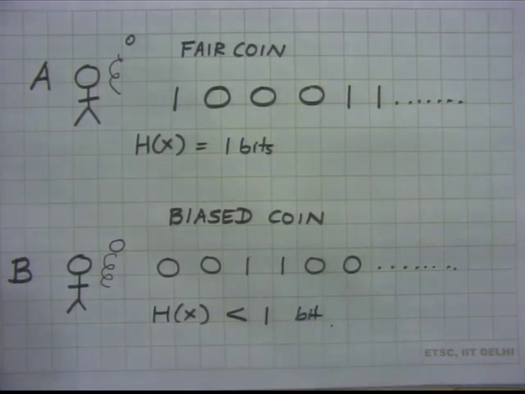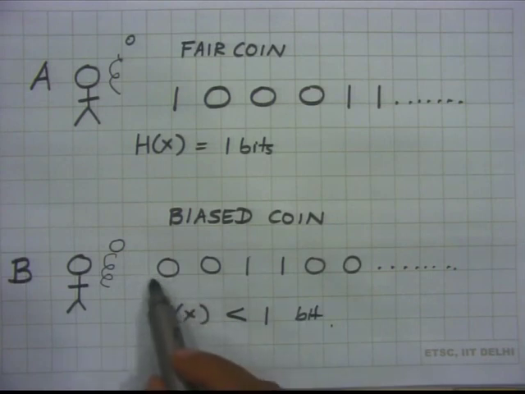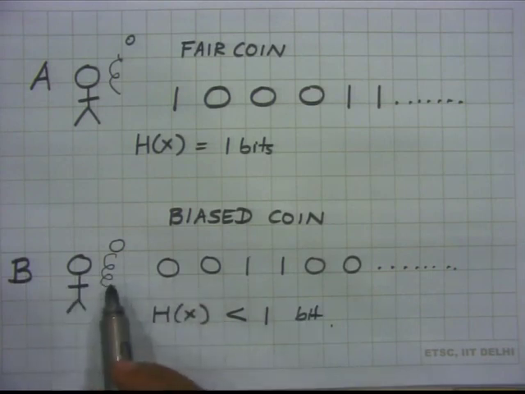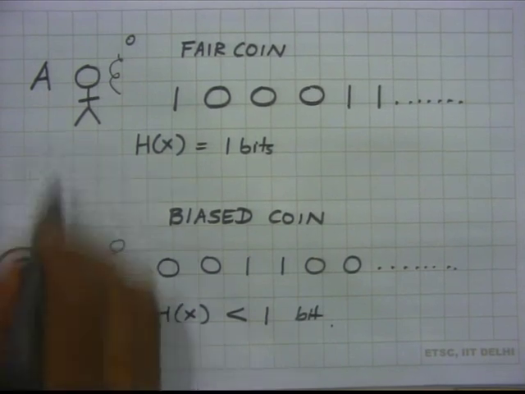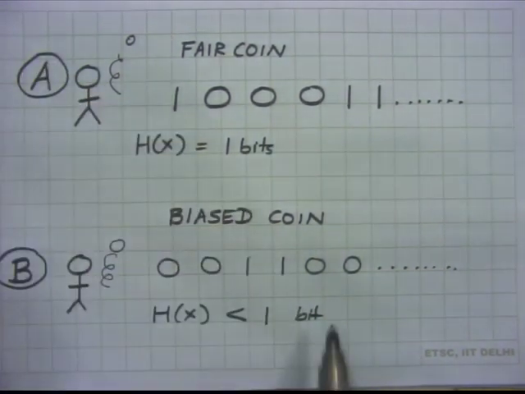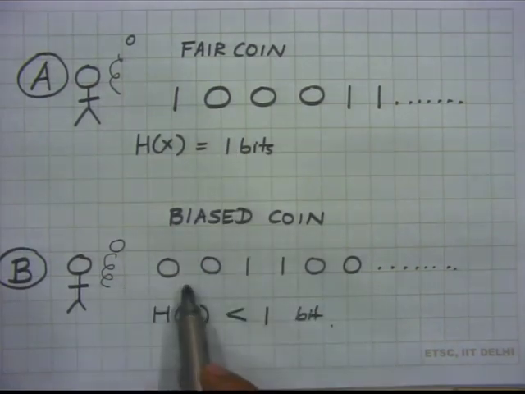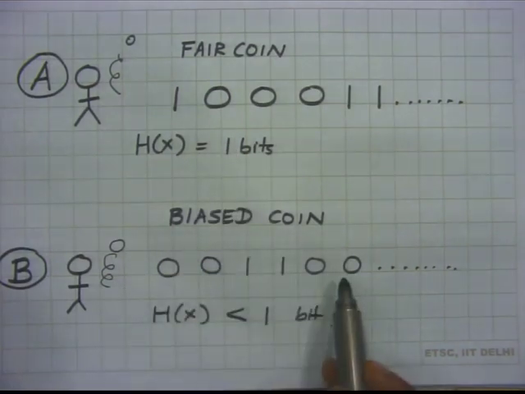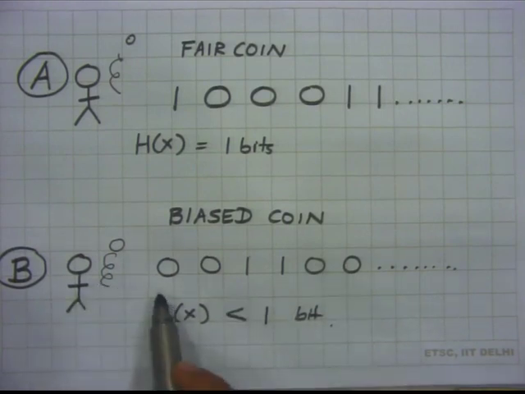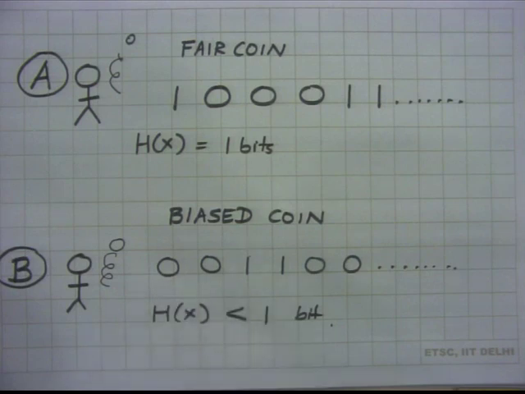Consequently, we should be able to use a fewer number of bits on average to send the output of source B as opposed to source A. But here I am at a dilemma, because source B is also saying 1 bit every second, because the person is tossing a coin, and if a head or a tail comes, it speaks out 0 or a 1.